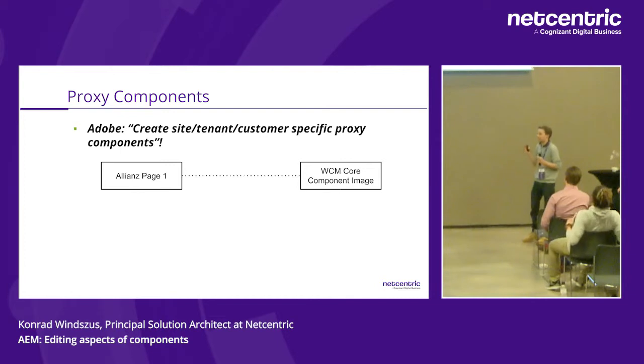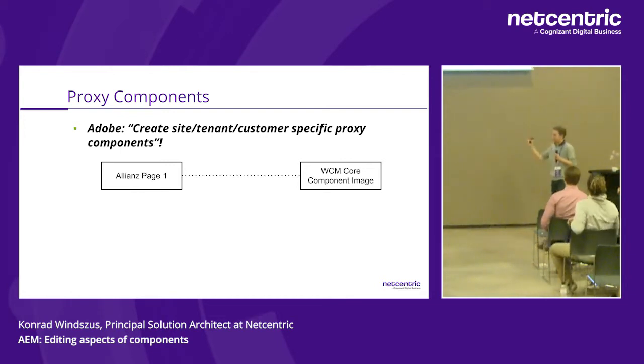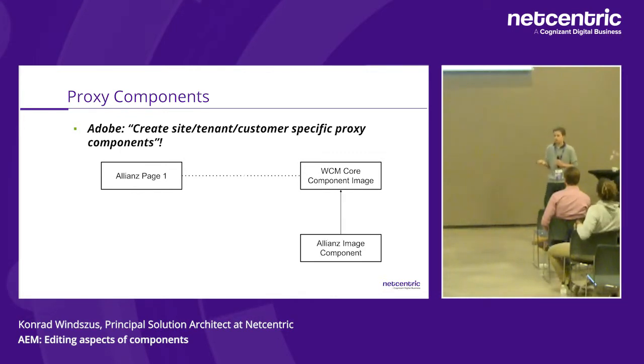I cannot come up with a good one right now, but it's one which is not supported by the WCM core component. And what you would need to do right now is derive from that component. So you would need maybe to come up with your own scripting language. But this is actually not enough, because all the content which has been created before is bound to the wrong component here. And this is exactly what the proxy pattern means and what it is good for.